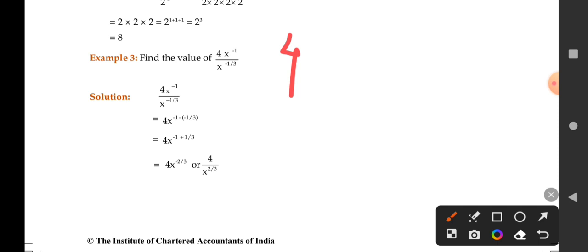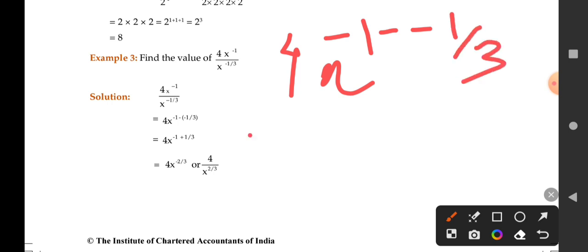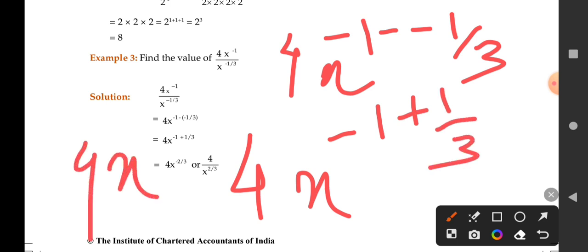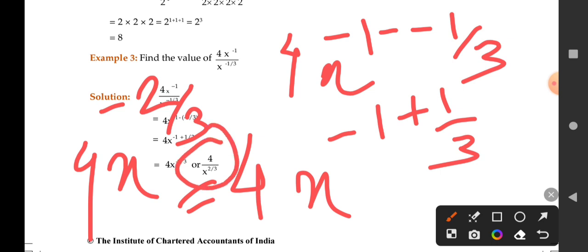So what do you get? 4 into x minus 1 minus minus 1 by 3. So 4x minus 1 plus 1 by 3, and 4x to the third minus 2 third, which is 4 divided by x raised to 2 by 3.